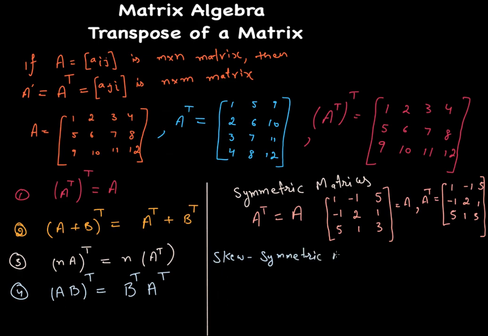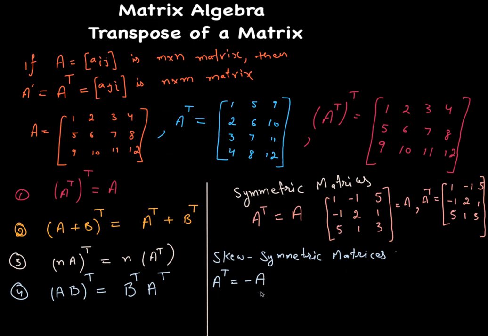Skew symmetric matrices are when you have a matrix, you find the transpose, and it is equal to the negative of the original matrix A. So if you have a matrix and you find the transpose, and they're equal with a negative sign, then we call those matrices skew symmetric matrices.